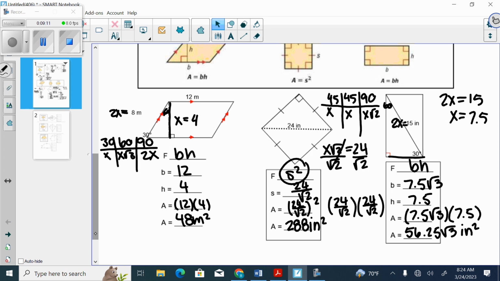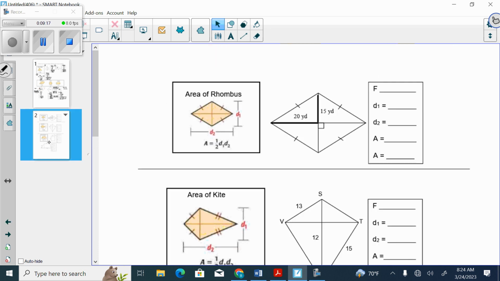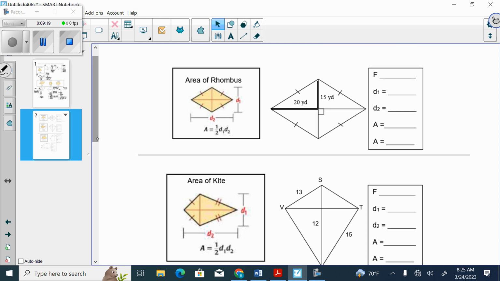All right, flip it over onto the back. We got an example of a rhombus. Okay. So for our area of a rhombus, it says we should use the formula 1/2 diagonal 1 times diagonal 2. Okay, what is the length of diagonal 1?